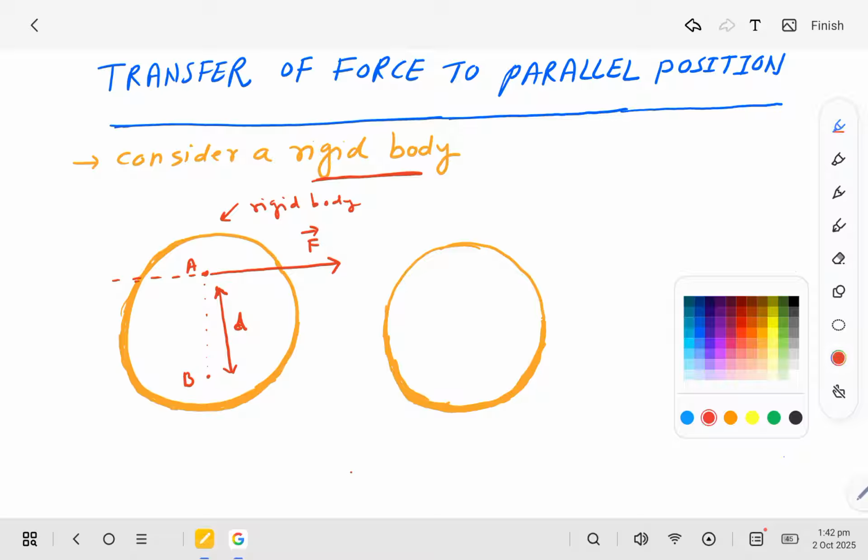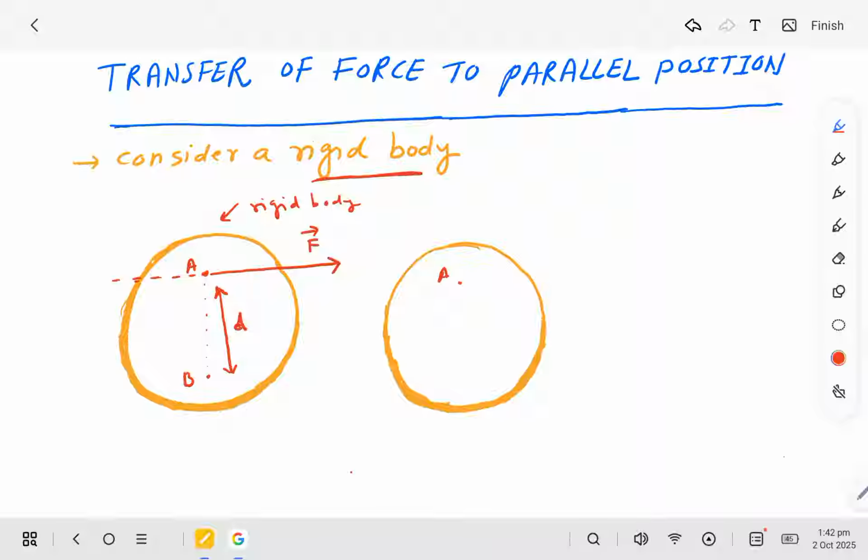Okay, so again same rigid body, point A is here, force is acting here. This is the line of action of this force, and this is point B. The distance between A and B is D. This is the perpendicular distance.